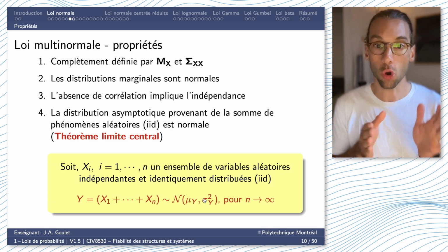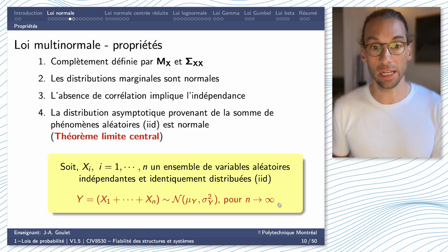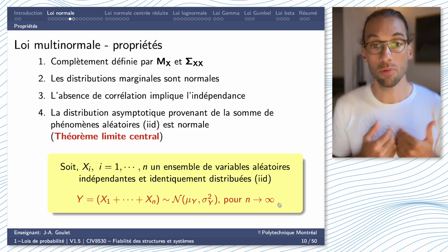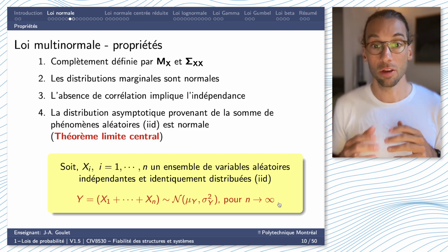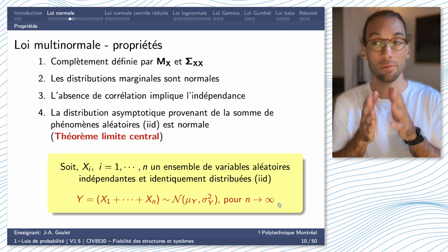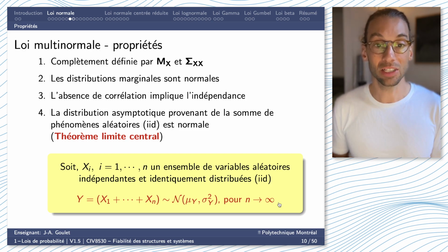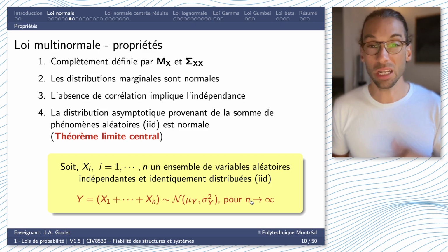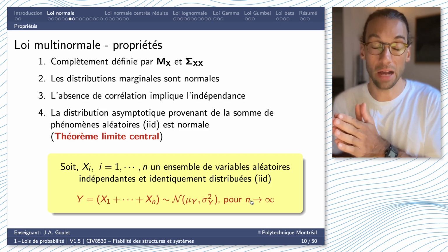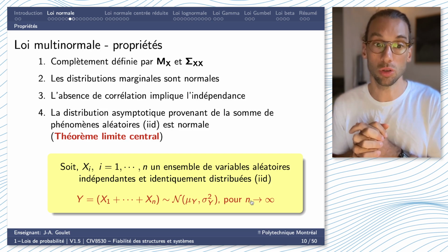And this strictly holds only for n that tends to infinity, but in practice, this is very useful because for it to be practically indistinguishable from a Gaussian, it doesn't take very large n. Already with n equal 5 or n equal 10, it's super close to a Gaussian, no matter what distribution you're starting from.